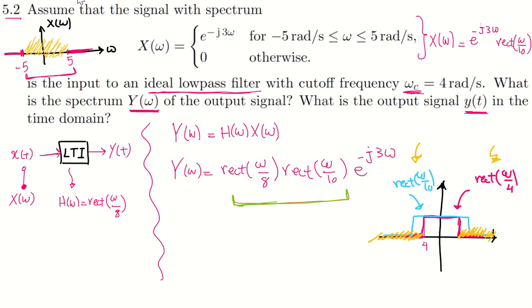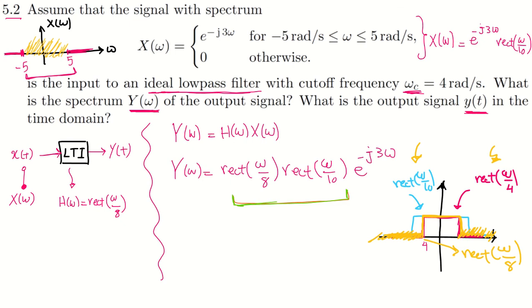But for the values where both signals are 1, the multiplication of the signals is also 1. So the answer is this yellow one, which is actually rectangular of omega over 8.